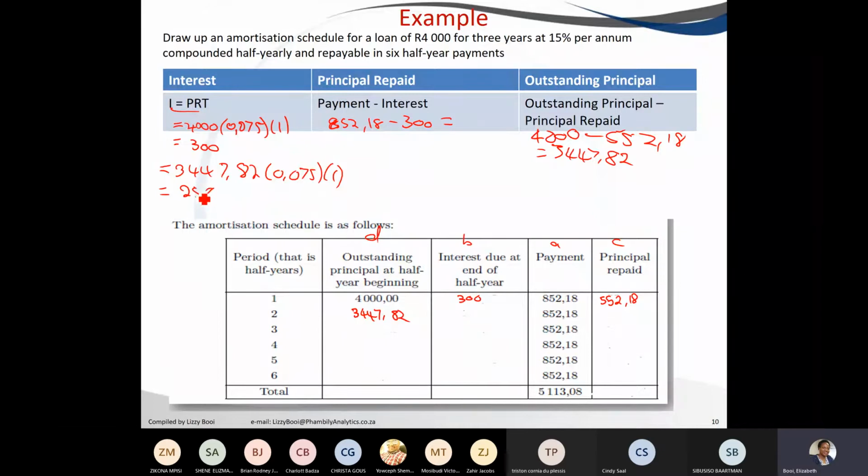So we write it there, 258.59. And that is our interest. Now we can calculate the principal repaid, which is 852.18 minus 258.59, which gives us 593.59.